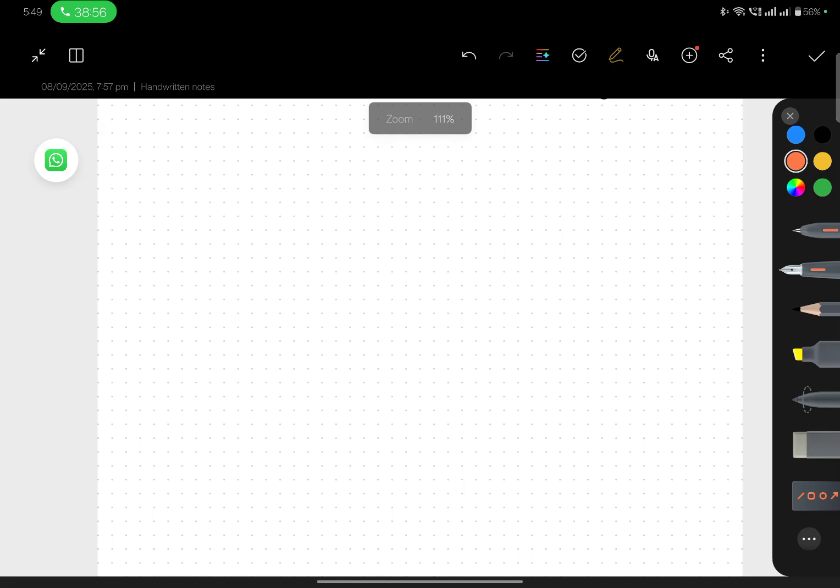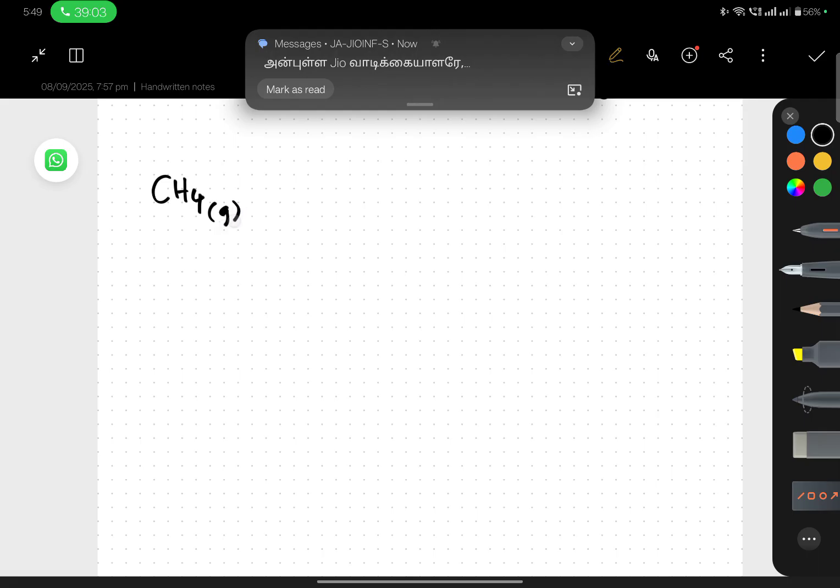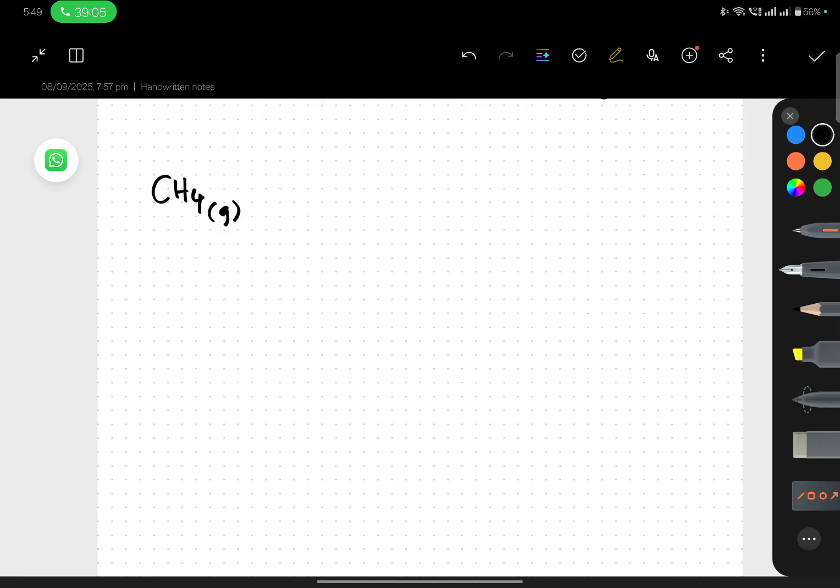Write down. Next heading, you can prepare it from methane. So methane gas treated with water molecule in gaseous state, that is in the vapor state.